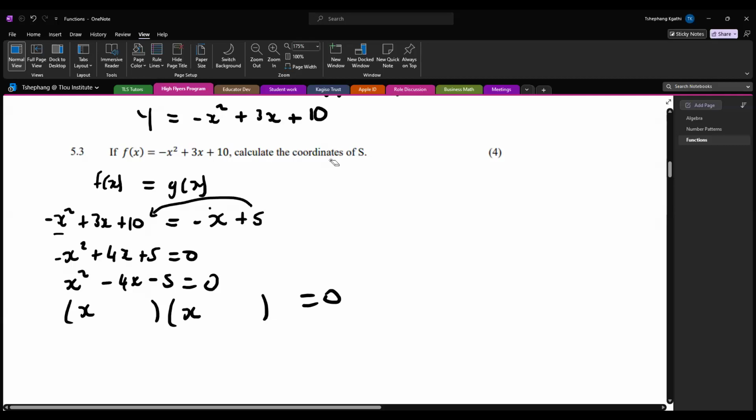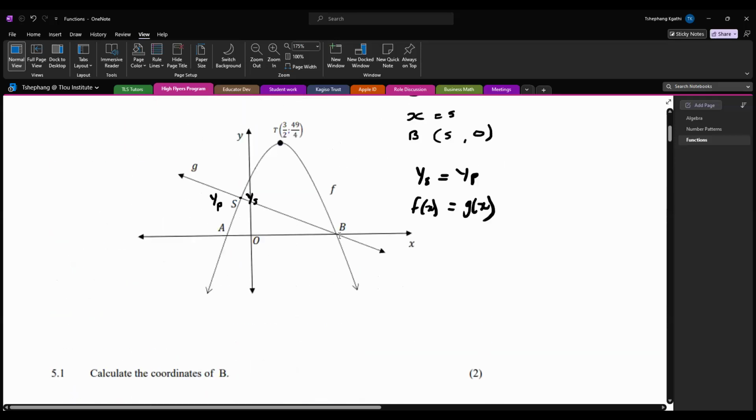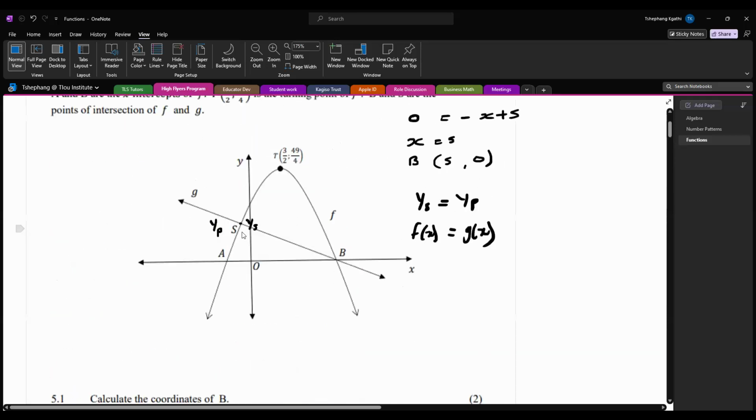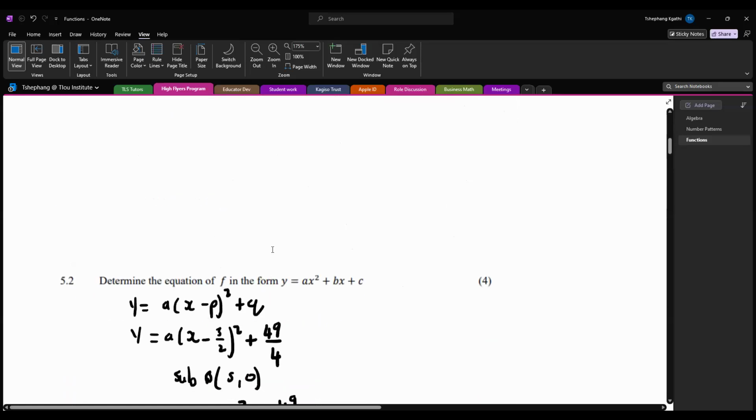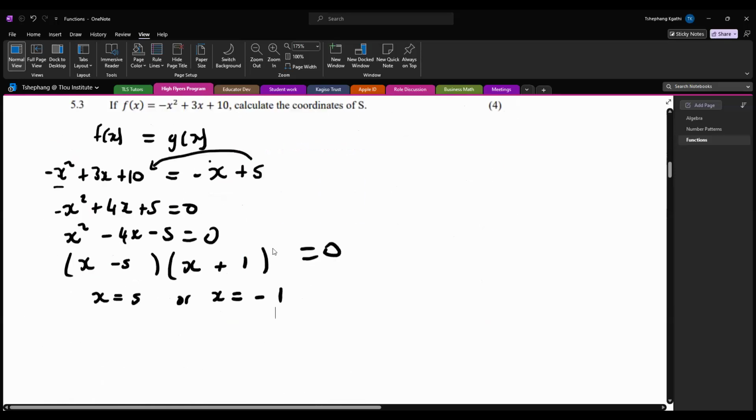Okay, now let me try to factorize that. So here I know I'm going to have minus 5 and a positive 1. So that x is equal to 5 or x equals to minus 1. Now, we're looking for s. Let's check where s is. It's in the second quadrant where our y is positive and our x is going to be negative.